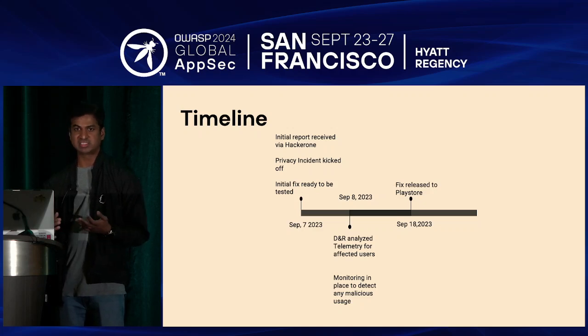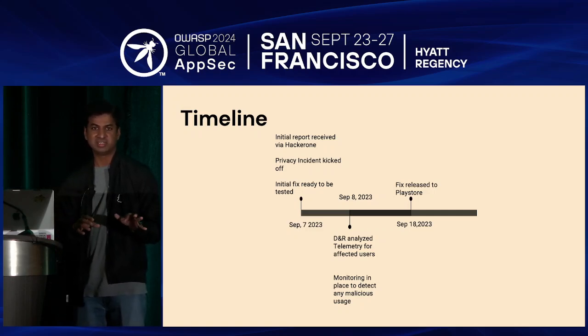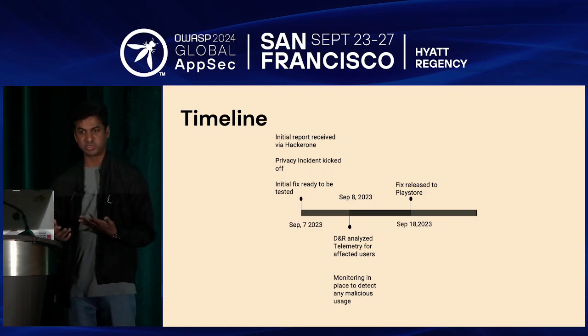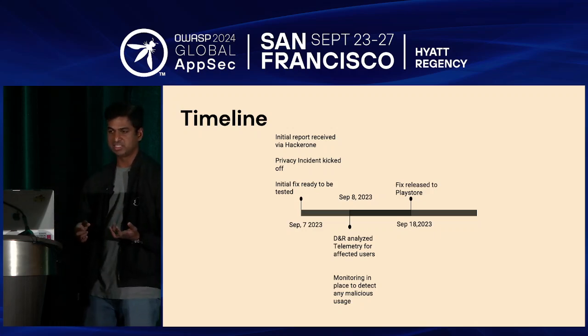We issued the fix to the Android Play Store. It was important in this scenario to have monitoring in place because, as you might be aware, not everyone updates their applications on their phone regularly. So even if you issue a patch, it may not be applied immediately. So we kept monitoring for any malicious activity while working on the fix.